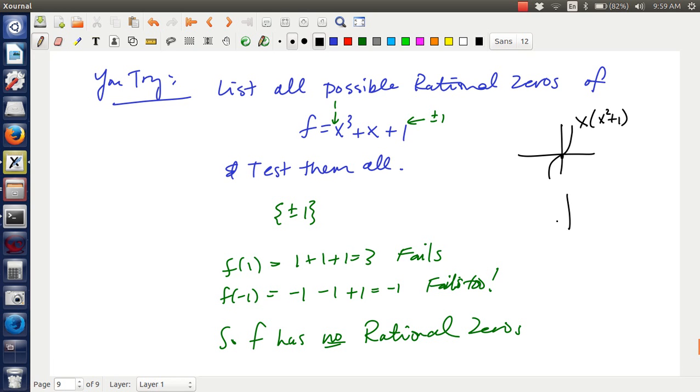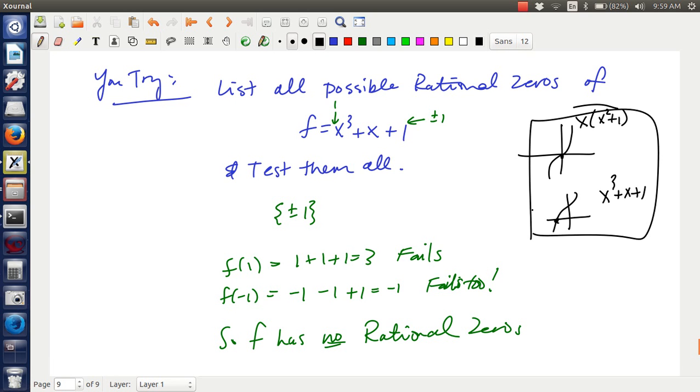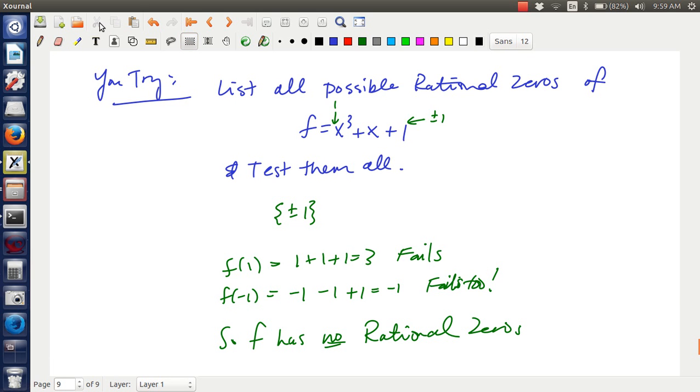And then, if you lift this thing up, it's going to do something like that. So there's going to be some kind of negative root. But you can just ask Wolfram Alpha to figure out what that is. I wouldn't do it by hand. That's as much as I would do by hand. But I don't expect you to do this. I'm just showing you what I would do. So yes, it has a root. It has a real root, but it doesn't have any rational zeros.